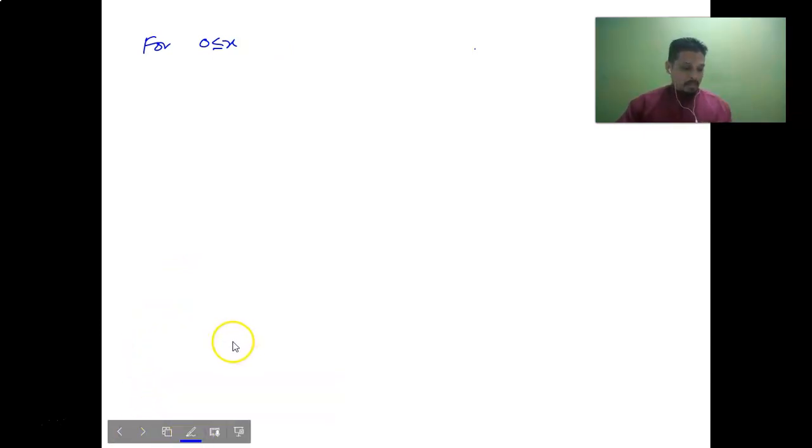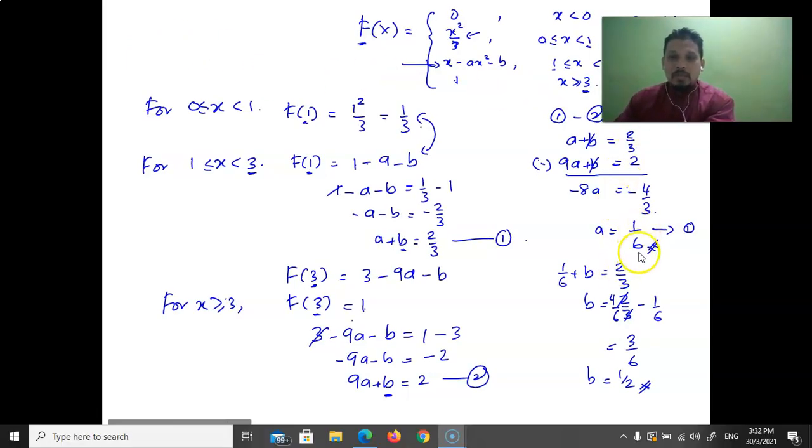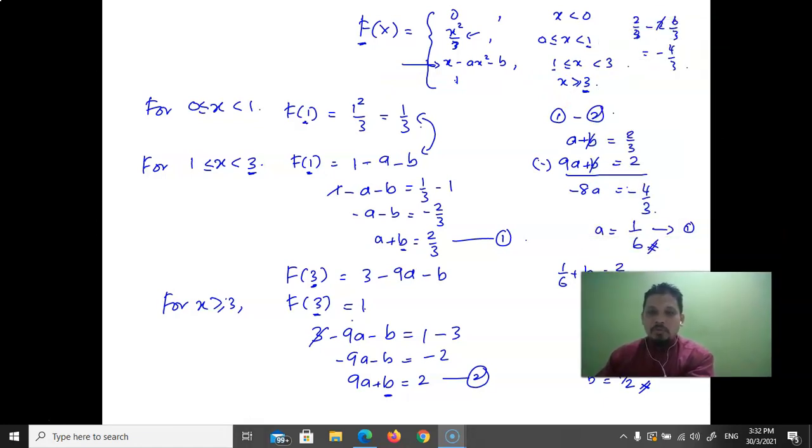Look at this one, a is 1 over 6, b is 1 over 2.